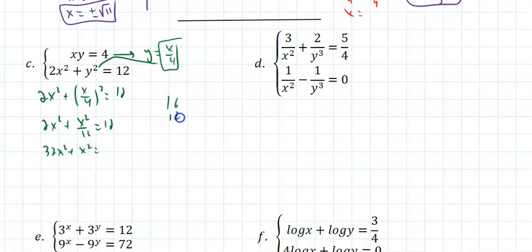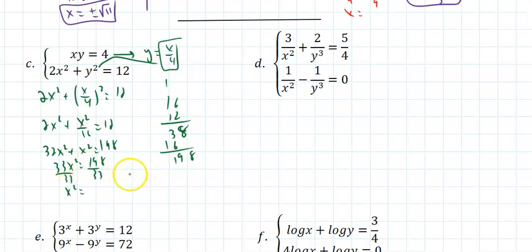What's 16 times 12? 192. So 33x squared equals 192, divided by 33. x squared equals, if I divide, that will be 6. So x equals plus or minus radical 6.